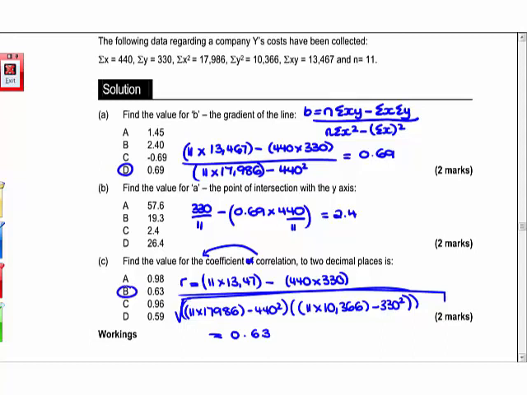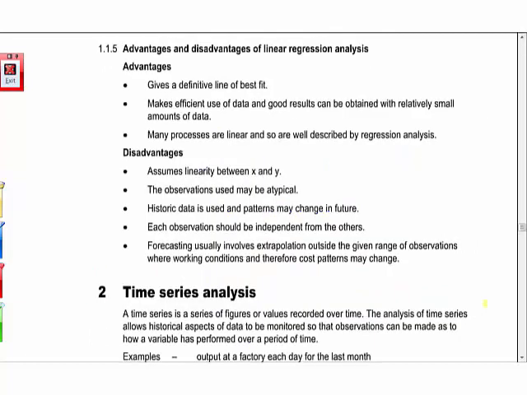So you need to make sure that you feel confident with the crunching of the numbers and putting them into your calculators here. As well as knowing about the technique, we could also be required to talk about advantages and disadvantages. So linear regression gives us a definitive line of best fit that we can use for our predictions.